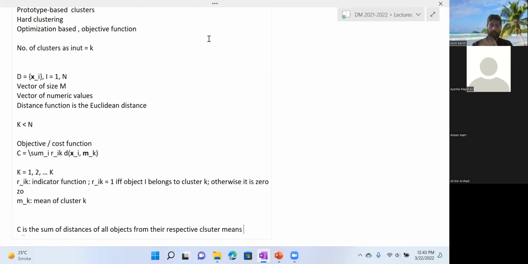So if you have this value as small, then it means that the clustering is good. If the value is large, it means that an object is assigned to a mean that is far away. It means that that object probably is not part of that cluster. Okay? So this is the objective function that we actually try to minimize in this K-means algorithm.